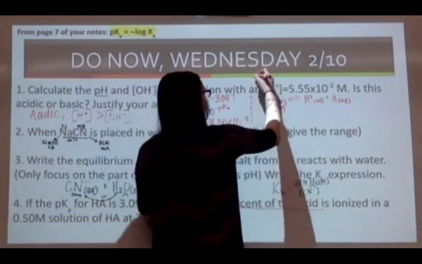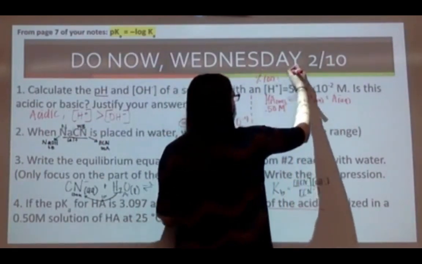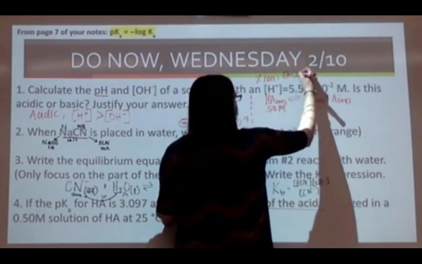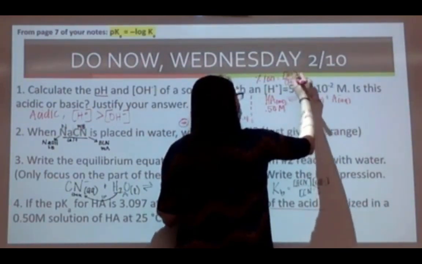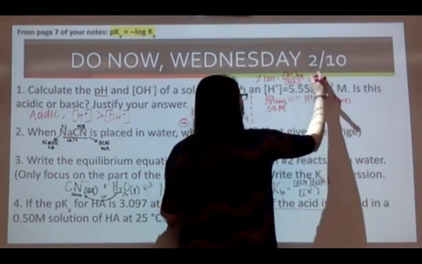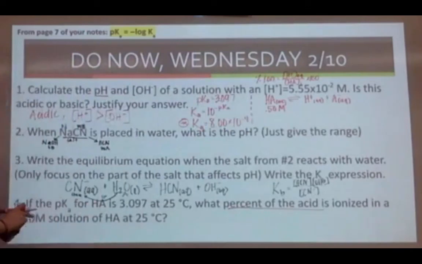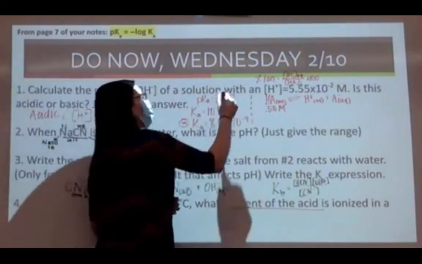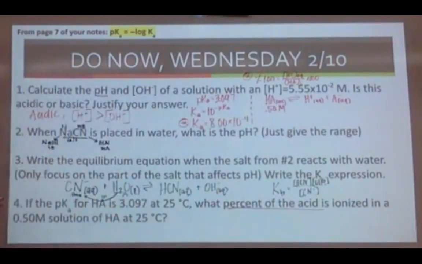We remember from yesterday, percent ionization is H plus concentration at equilibrium over the initial concentration of the acid, times 100. That is not on the equation sheet, but I guarantee you will see a question with percent ionization on the test.